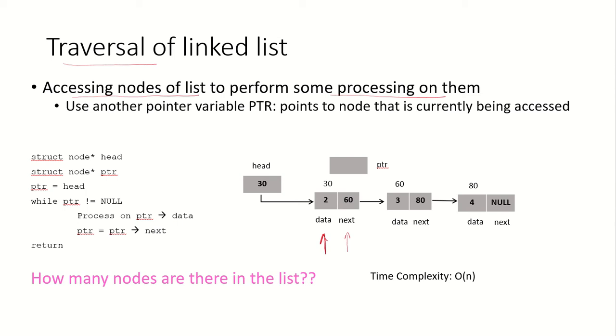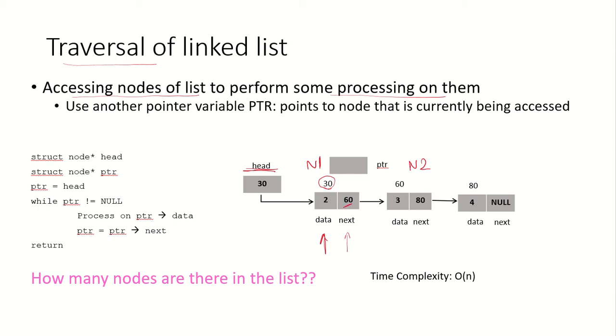How can we visit node 1? We can visit node 1 by using the head pointer, because the head pointer contains the address of node 1. How can we visit node 2? We can visit node 2 by using the address which is contained in node 1.